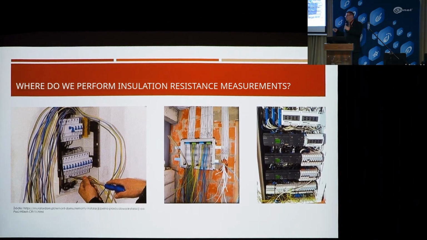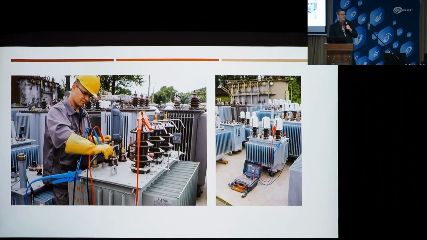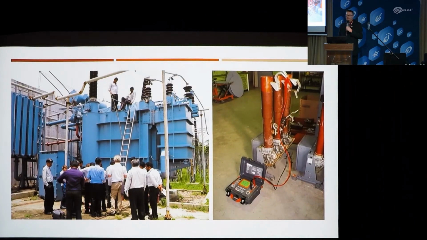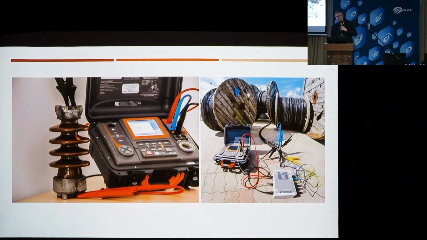So where else, besides these kinds of installations, are these tests carried out? Well, of course, on various kinds of transformers, large ones as well as small ones like this, or ones like the ones you can see here. On disconnectors, on insulators, on cables. Cables, of course, for low and medium voltage.